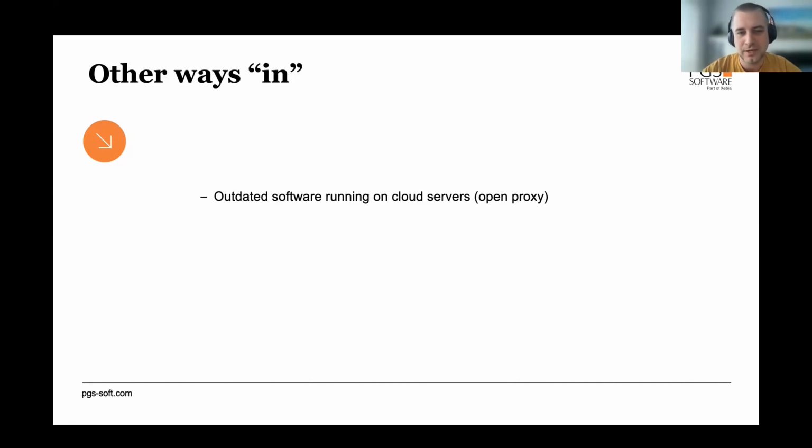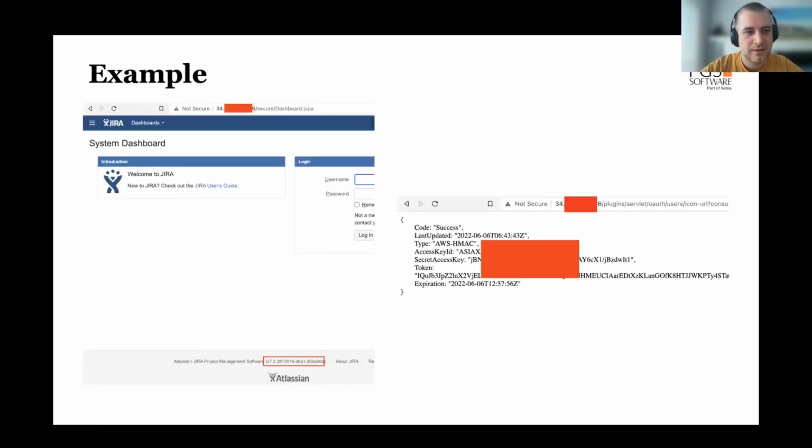So it can be Google, but it also can be a metadata endpoint of any cloud. And as we can see, there's Jira version 7.3.3, and using the same Jira, I just added the part with plugins and the address of this metadata endpoint, and this gave me temporary access and secret key.